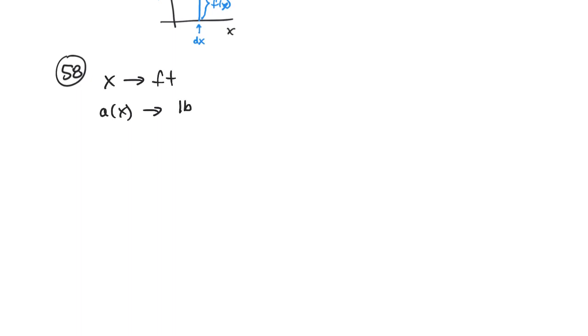Then it says, what are the units for dA dx? Well, dA is the change in A, and A is measured in pounds per foot. So this numerator is going to be pounds per foot. And then the denominator is going to be the unit of x, and x is in feet.